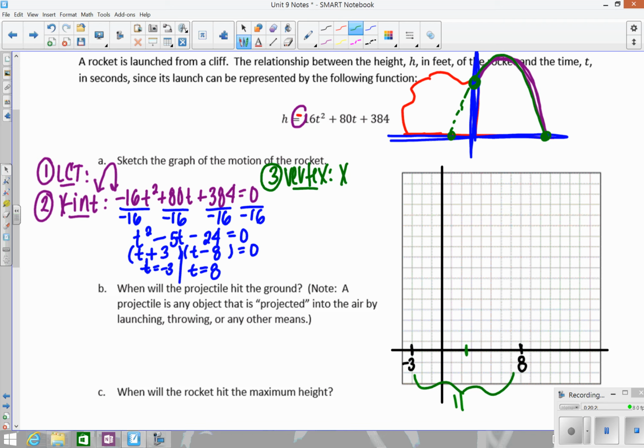So it's going to be at x equals, well, 5.5 over, but that's really x equals 2.5. I should call this t though, because remember it's time. So I'm going to plug into my equation.